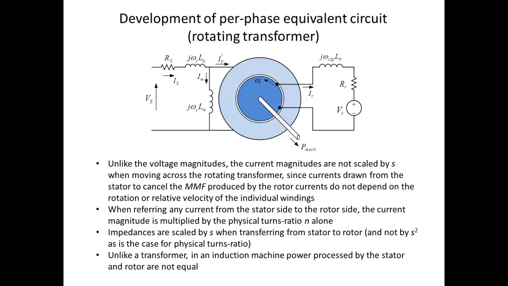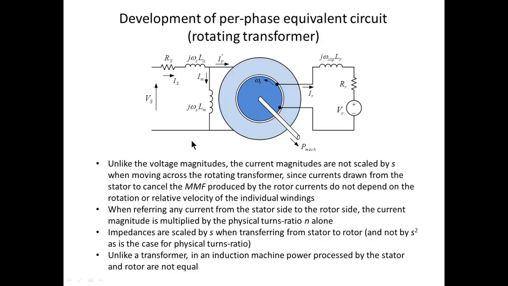So they are at the same frequency. The stator produced mmf, or the stator currents that go to cancel the rotor mmf, are going to be at the same frequency omega s, and there is no additional scaling of s in calculating the current magnitude as seen at the stator. So just like in the transformer, the stator currents are scaled only by the turns ratio and not by the value of slip s.